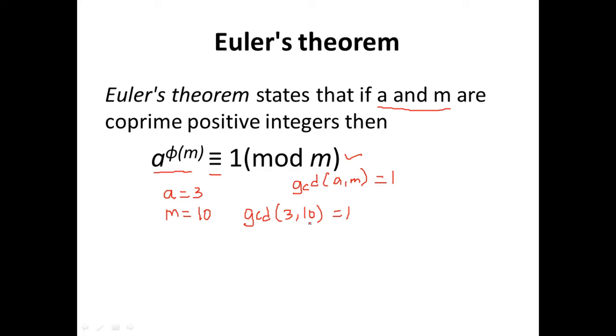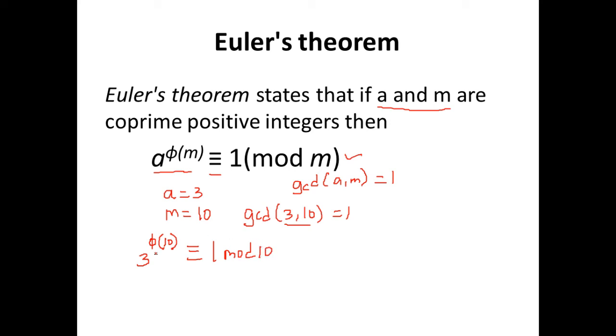Yes, it is. So 3 and 10 are relatively prime, or co-prime numbers, and our condition is satisfied. Now we can substitute these values in this equation: 3^φ(10) is congruent to 1 mod 10.